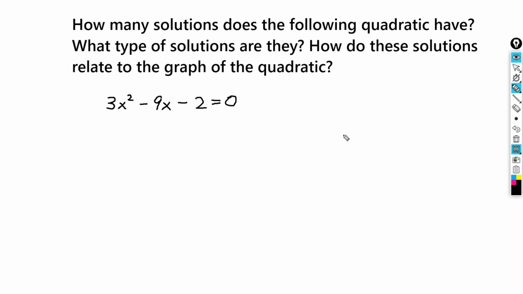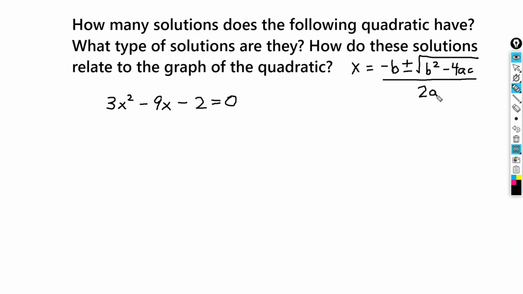So what we're specifically using, and I'm going to write out the whole quadratic formula, is negative b plus or minus the square root of b squared minus 4ac, all over 2a.